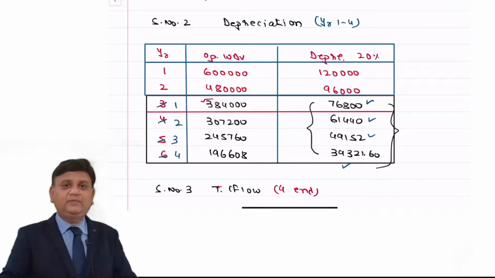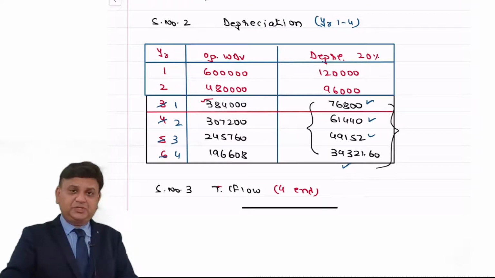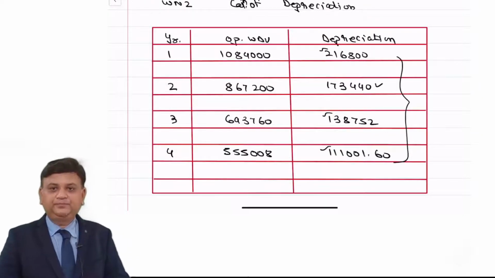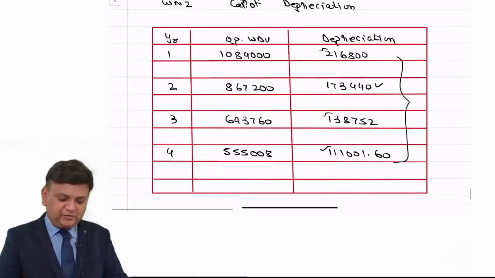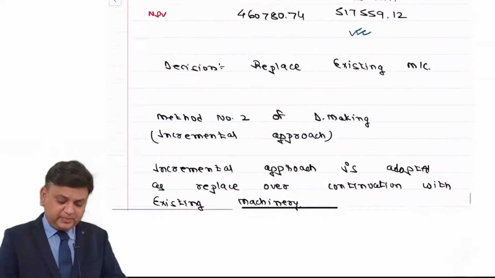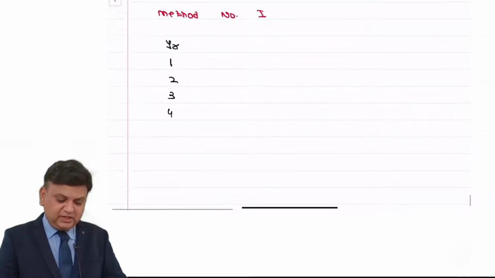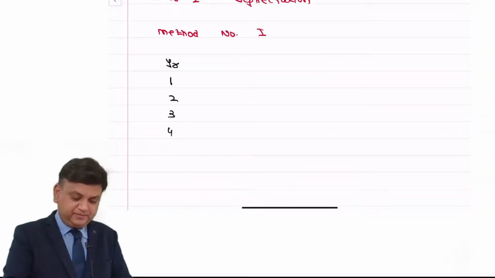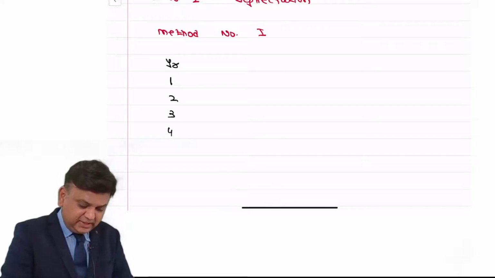Difference between both of them is incremental depreciation. Of course friends, if you go for this method, then you are required to prepare all the working notes that we have done earlier for calculation of answer. So write down answer, incremental depreciation.